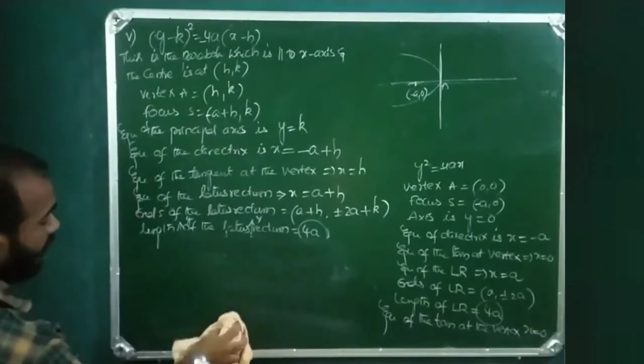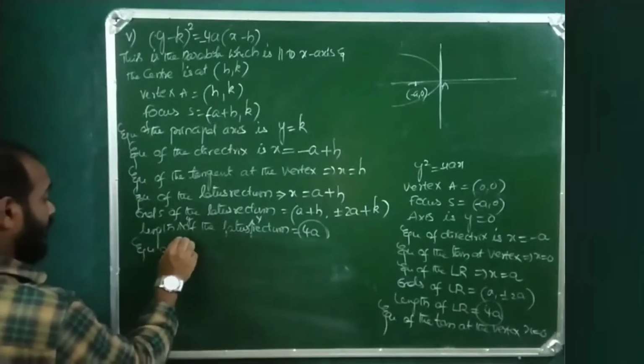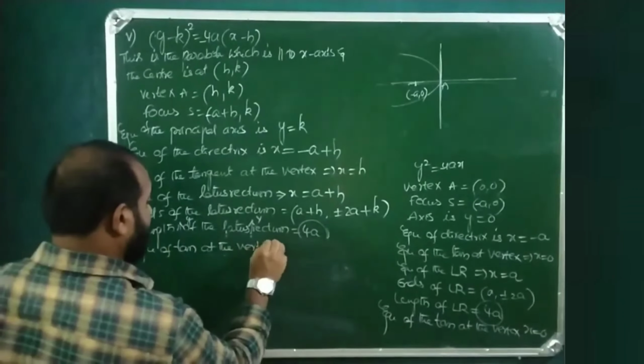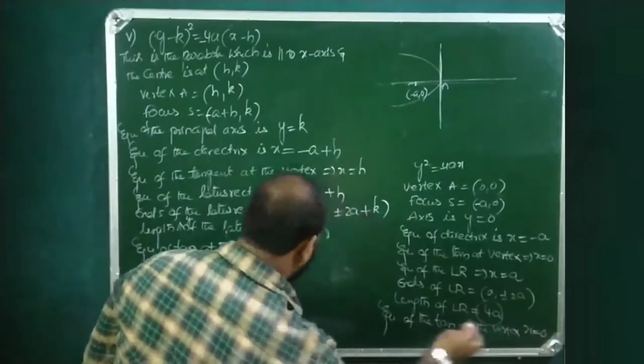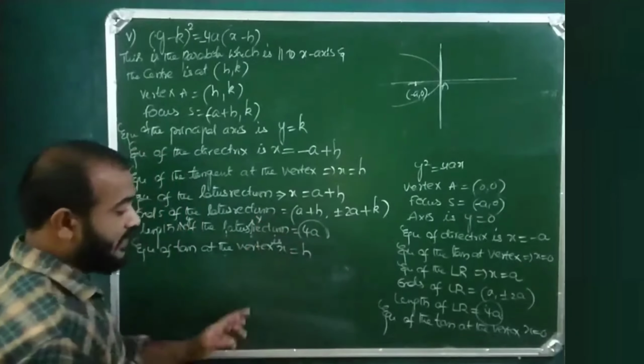This point we have forgotten earlier, no problem. Now here the equation of the tangent at the vertex is x equals to h.